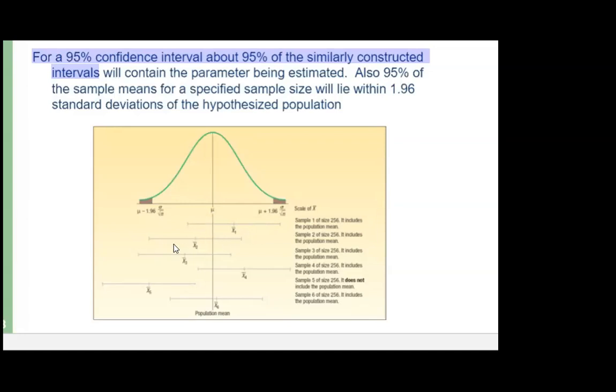So the first one, does that include mu? Yes. Second one, does that include mu? Yes. The third one, yes. Fourth, yes. Fifth, no. Right? So let's say 5 out of 100, they don't have to include the mu in the interval, but 95 others, they include.